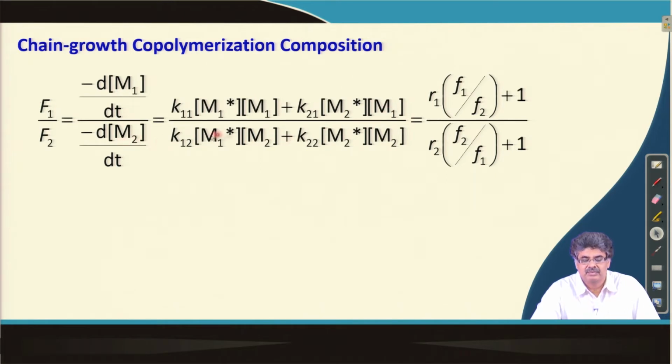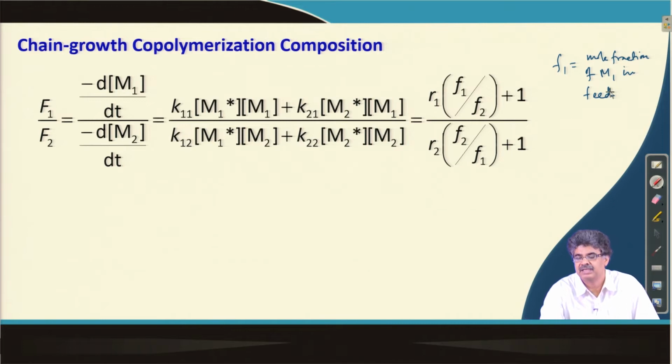These are the two rates we talked about in the last slide, and these can be simplified using the steady state approximation, and this yields this formula, where f1 is the mole fraction of monomer 1 in the feed.